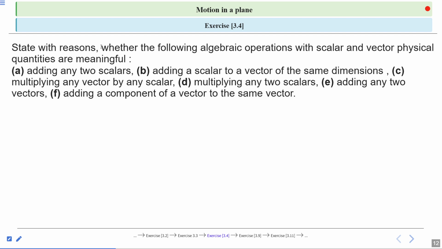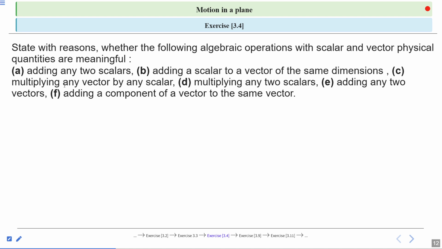State with reasons whether the following algebraic operations with scalar and vector physical quantities are meaningful. It means there are some statements and you have to find out which one is meaningful and which one is not meaningful. A is adding any two scalars. B is adding a scalar to a vector of the same dimensions.